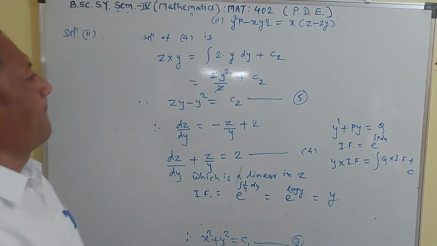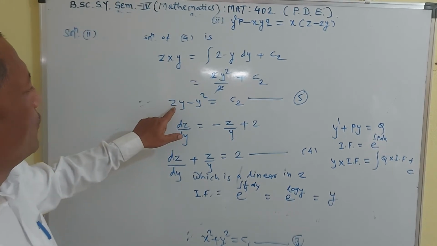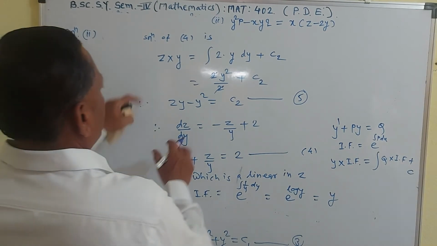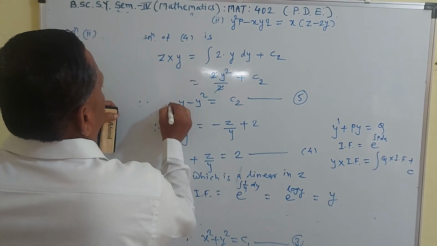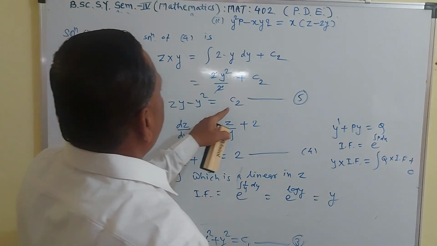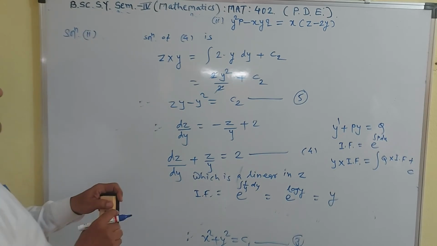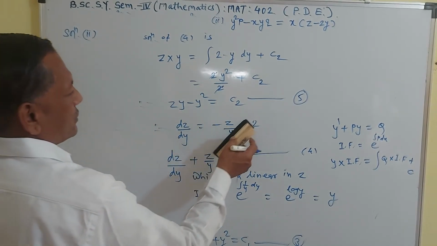So 3 is one part, 5 is another part, so 5 means v = c2. Or you take y common: (z − y)y = c2.